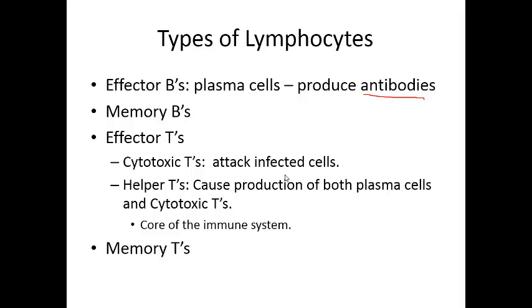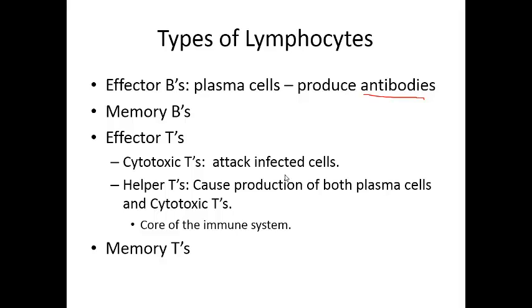There are multiple types of effector T cells. One type is called the cytotoxic T, and that's going to be the lymphocyte that really attacks the antigen. It actually doesn't attack the antigen itself. It attacks any antigen-infected cells within the body and kills them.